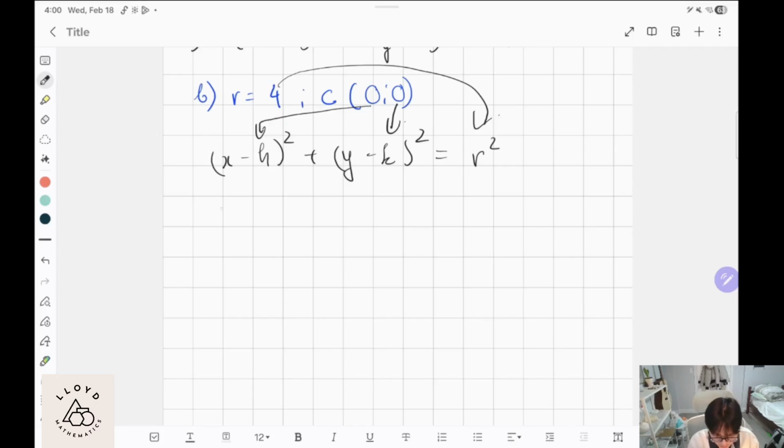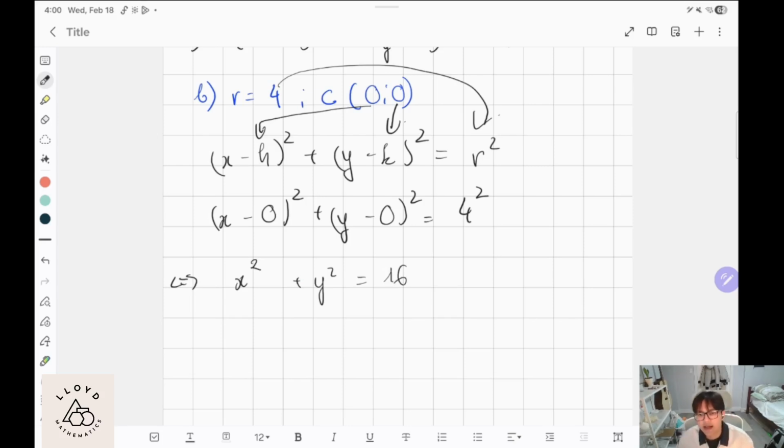Therefore, the formula we get is x minus 0 squared plus y minus 0 squared equals 4 squared. x minus 0 squared I can replace by x squared, so x squared plus y squared equals 16. That is our equation.